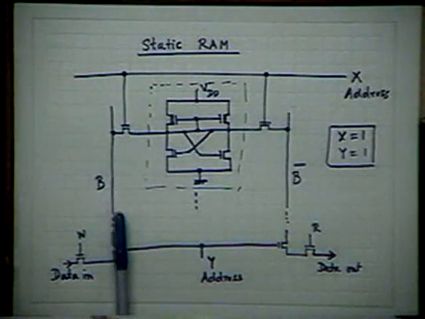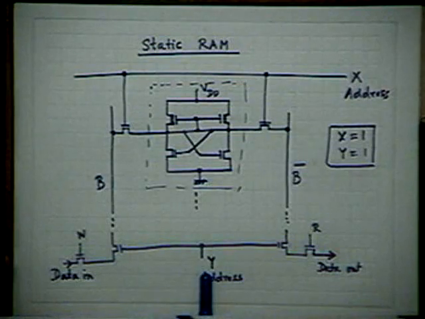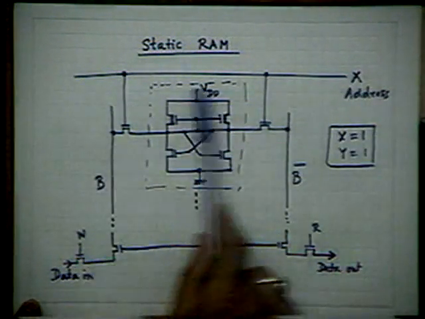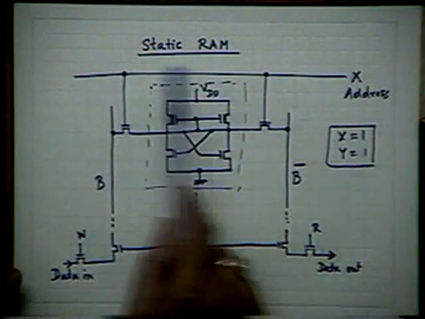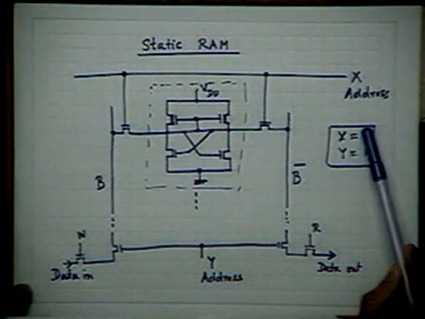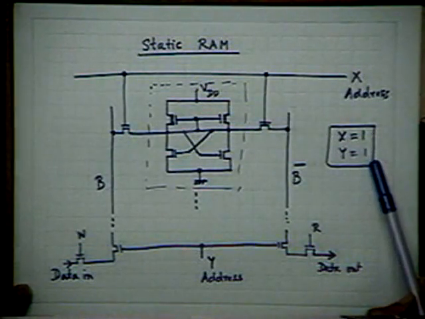And Y is a column signal, provided to each column, while X is provided to each row. If X is 1 and Y is 1, it means that you have gone to the intersection.